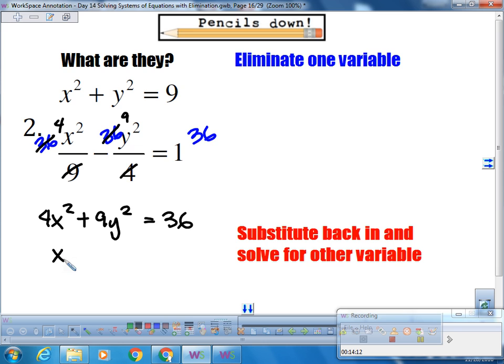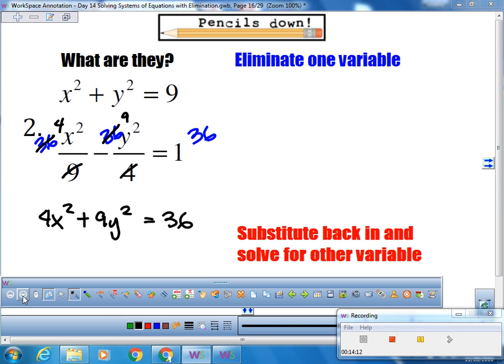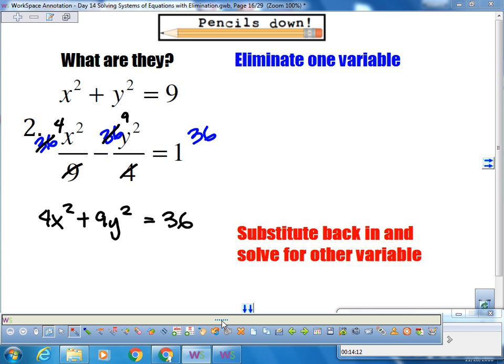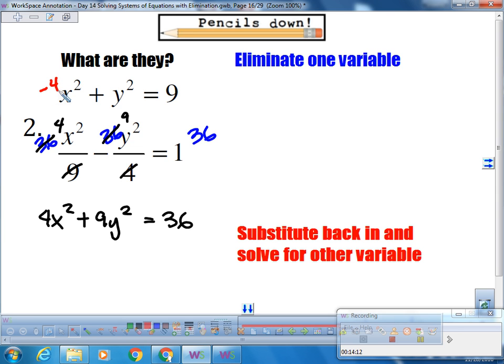Right? What should I multiply this top one by so we could eliminate? I have a 4x squared, and I have this right here, x squared plus y squared equals 9. You're going to want to multiply everybody by negative 4.